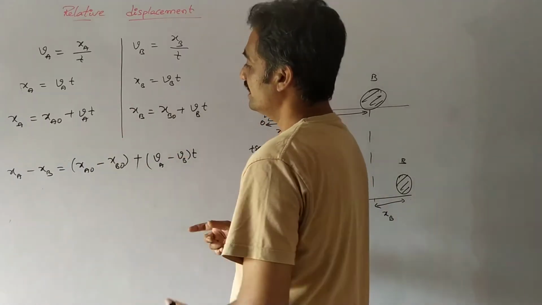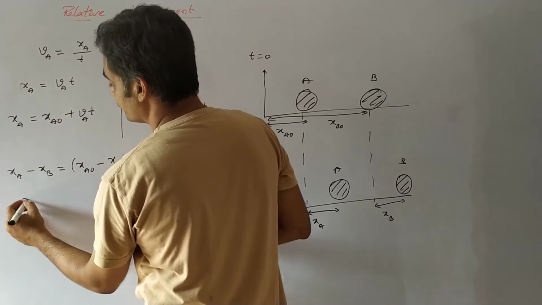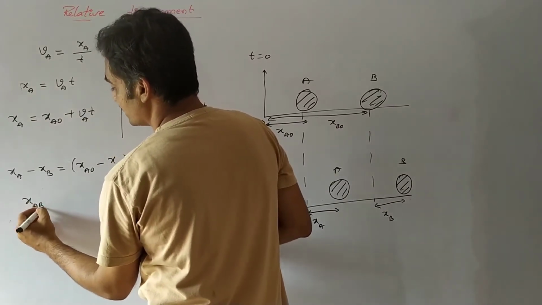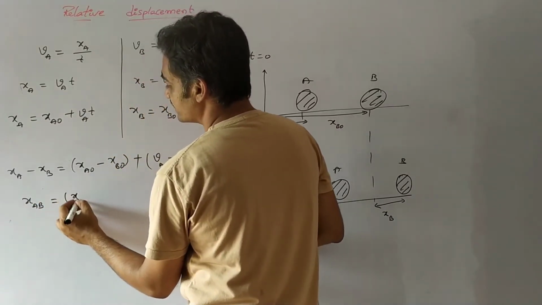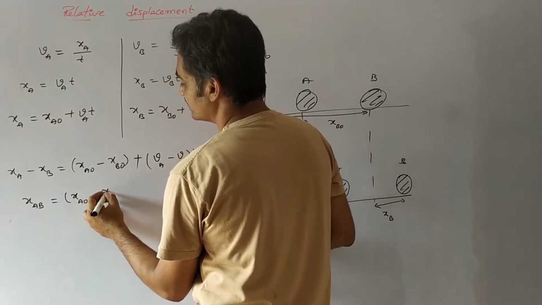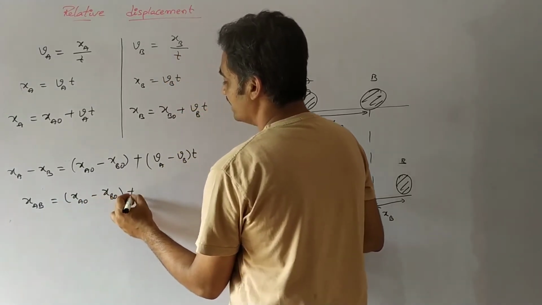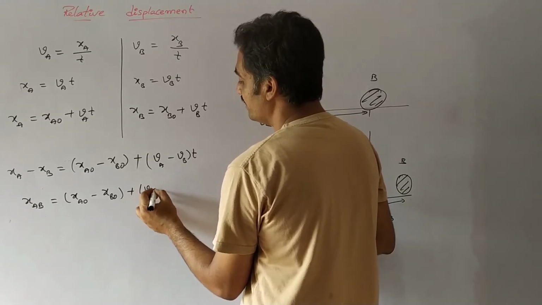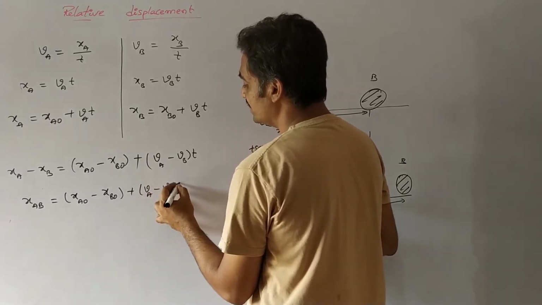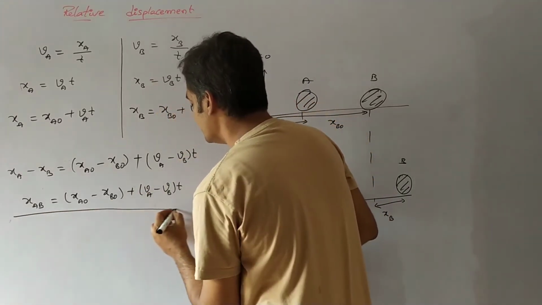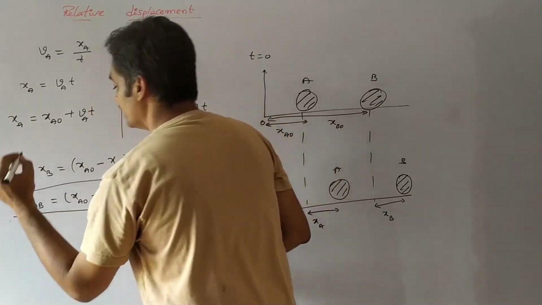The change in this displacement can be represented as the relative displacement. X suffix AB equals x suffix AO minus x suffix BO plus V suffix A minus V suffix B into t. It represents the equation for relative displacement.